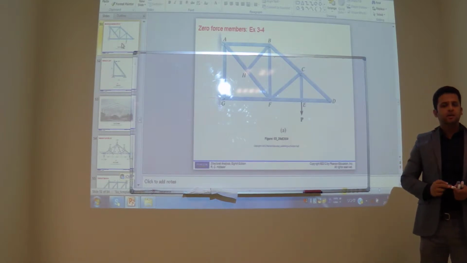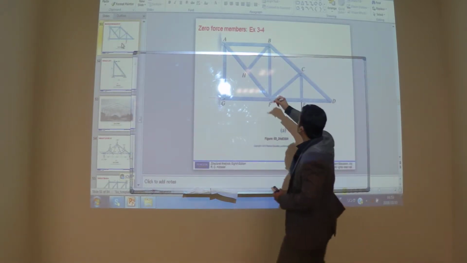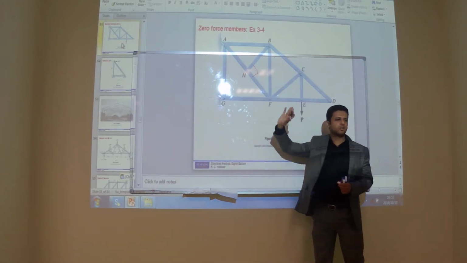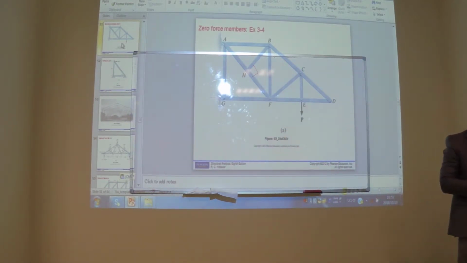If this angle, I'm not sure if it is 90 or not, because no dimensions are given here. Maybe CF. But CF, again, I don't think it's perpendicular. No, it's not the C.